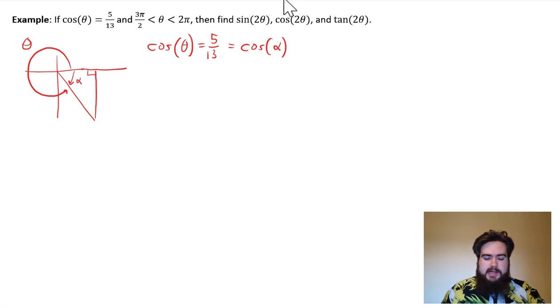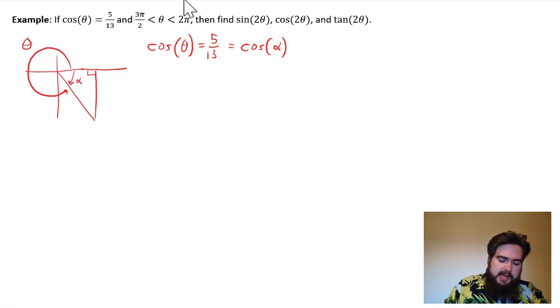Now, if we want to find sine of 2 theta, and cosine of 2 theta, and tangent of 2 theta, it would behoove us to try to at least determine what sine of theta is as well. Because we know cosine of theta is 5 over 13, that means in this triangle I can say the adjacent side is a 5, and the hypotenuse side is a 13.